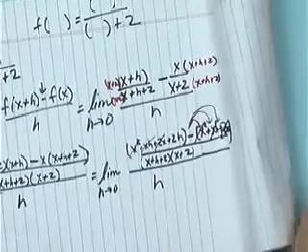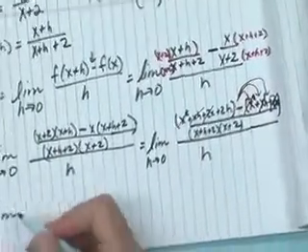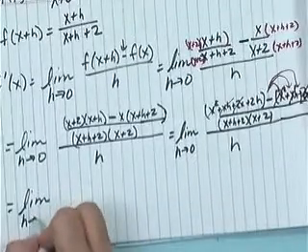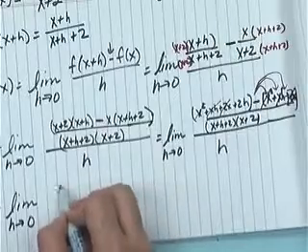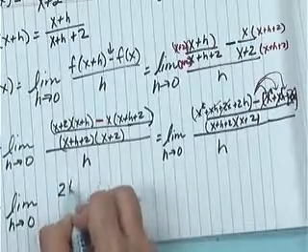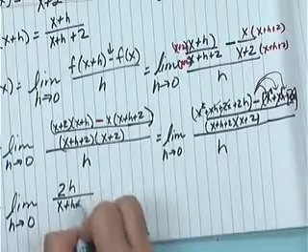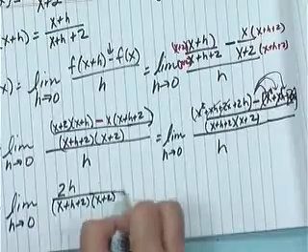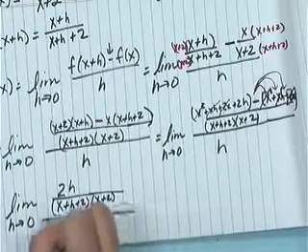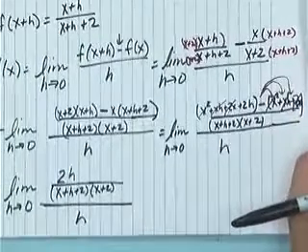All right, so that leaves us with the limit as h approaches 0. In the numerator, it looks like I have a 2h over x plus h plus 2 times the x plus 2, divided by h. Is that true, everybody?